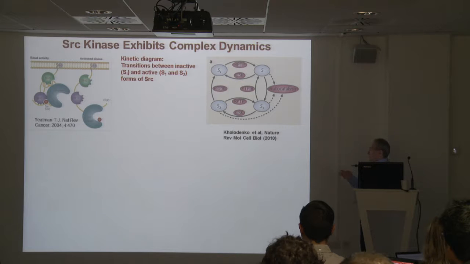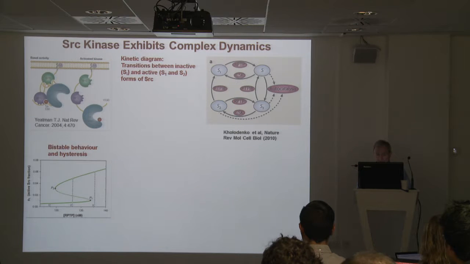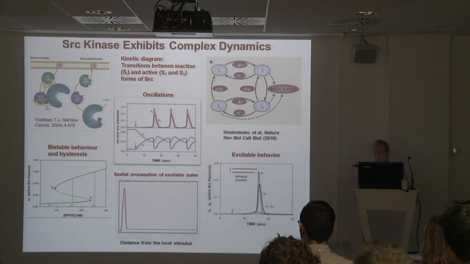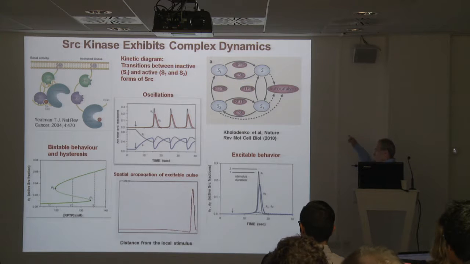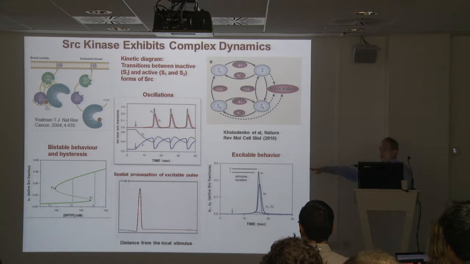So this simple system could be closed, as in biology, or open conformation, where open is active, and there is also an autocatalytic loop, which is shown. They indeed can produce very intricate dynamics. So you can have either bistable behavior or oscillations, or also excitable behavior, meaning that you go around your steady state and return to the steady state with a pulse, similar to a neuronal pulse, and you see how it propagates in space.